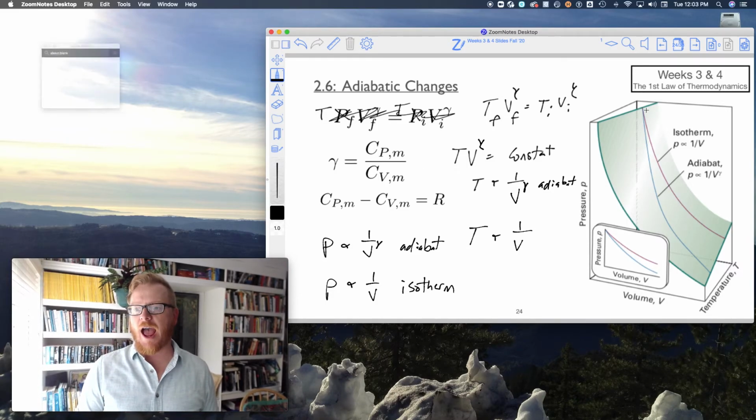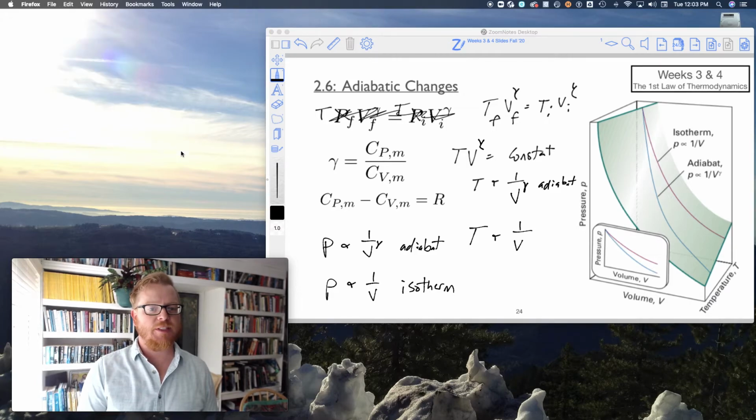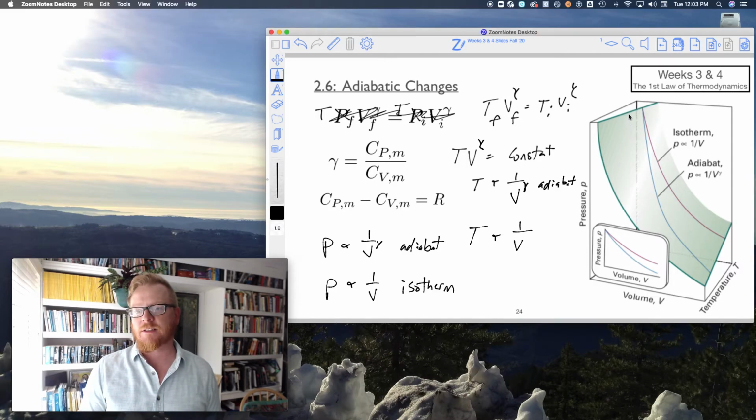So now what we can see on this three-dimensional scale is just playing around with these adiabats and isotherms. The isotherm is going at constant temperature, so on this three-dimensional curve, any one of these slices could be an isotherm.